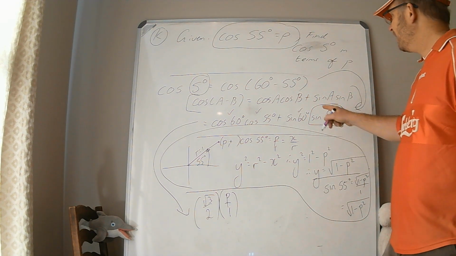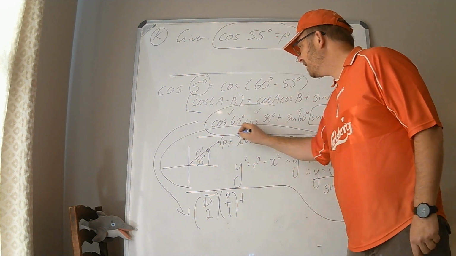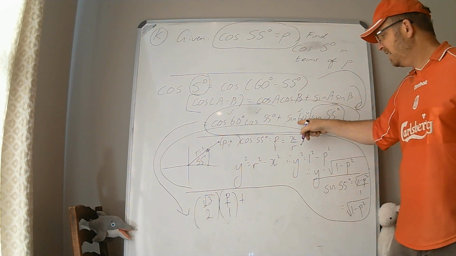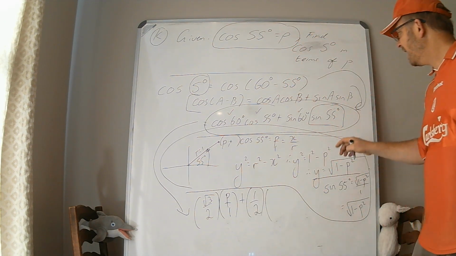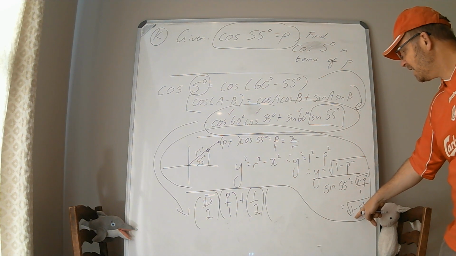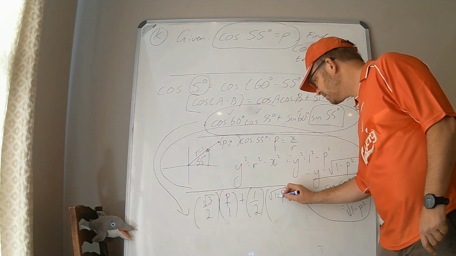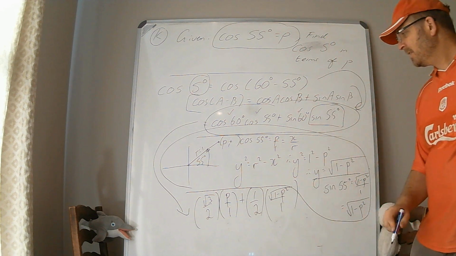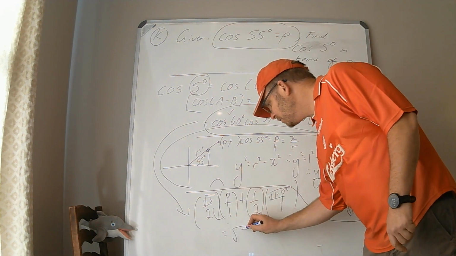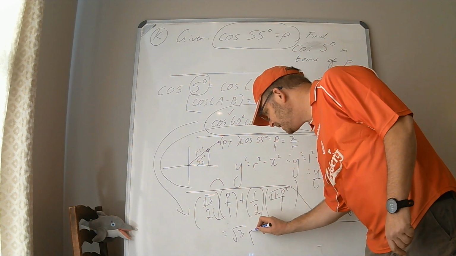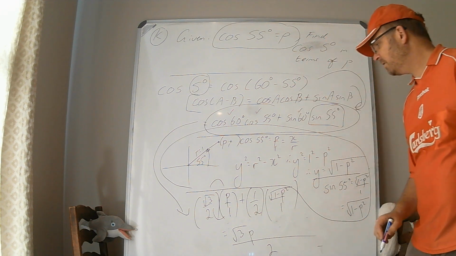Then I'm going to have a plus sign. I'm using this thing here, remember? Sine of 60 then is a half. Okay, and sine of 55, we've just worked that out, is going to be the square root of 1 minus p squared over 1. And how do we times fractions? Times the top and the bottom. So I get root 3 p. The bottom in both cases is 2, so I can put it all over 2.